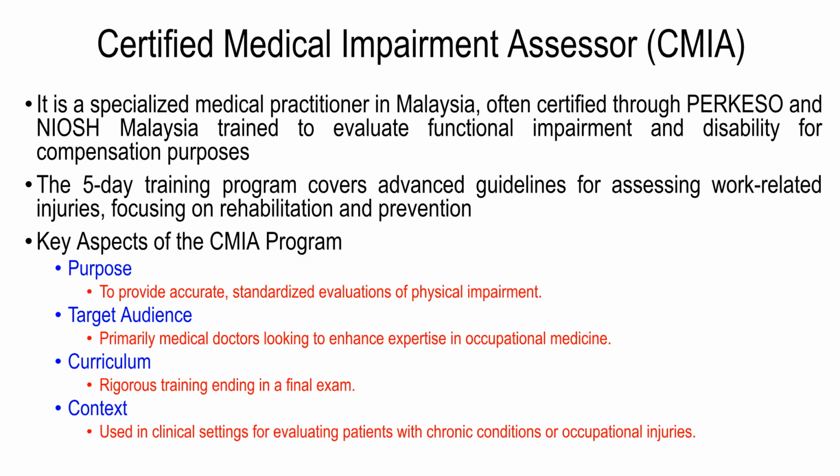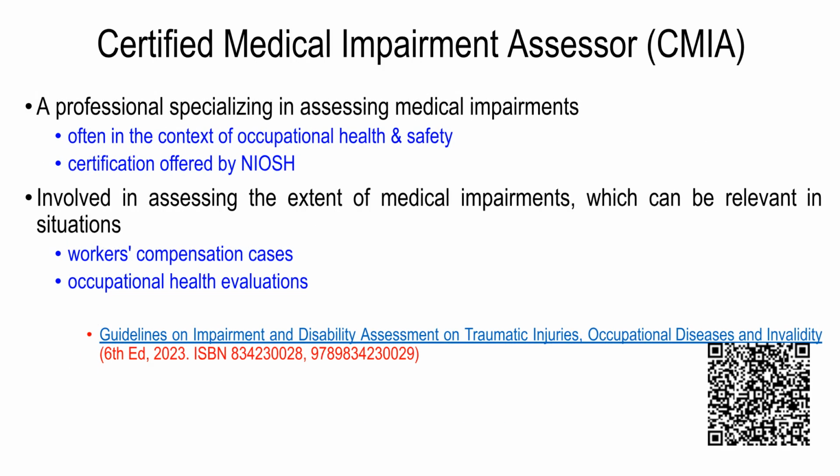This 5-day program trains them to evaluate functional impairment and disability for compensation purposes, focusing on work-related injuries, rehabilitation, and prevention. A CMIA is a professional specializing in assessing medical impairments, often in occupational health and safety contexts, with certification offered by NIOSH.